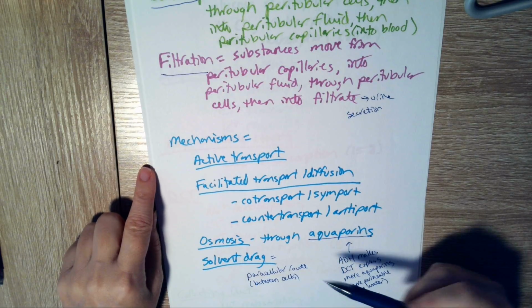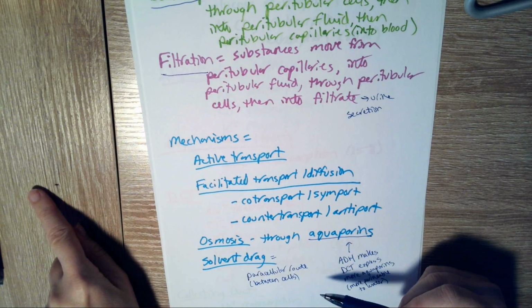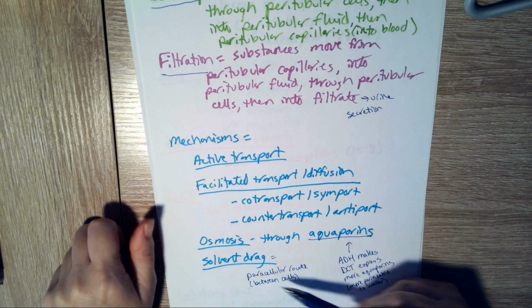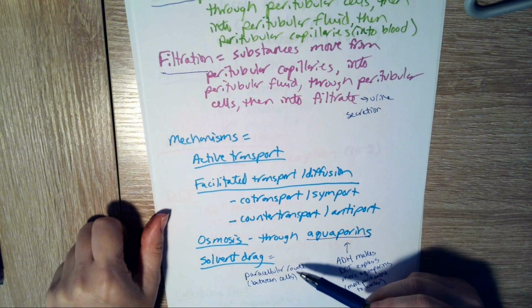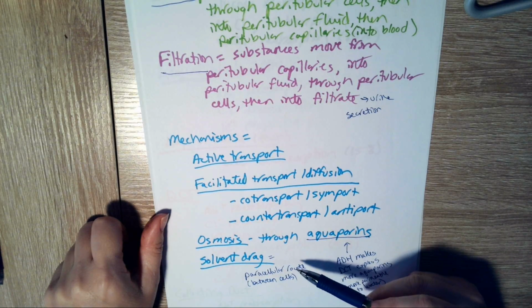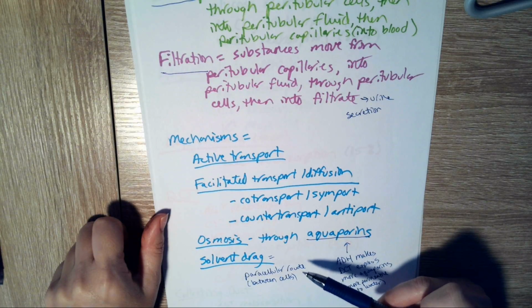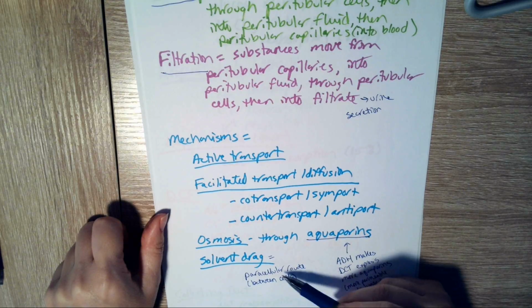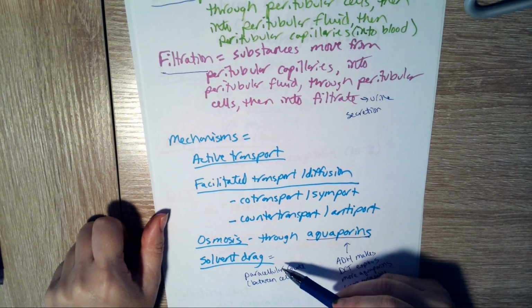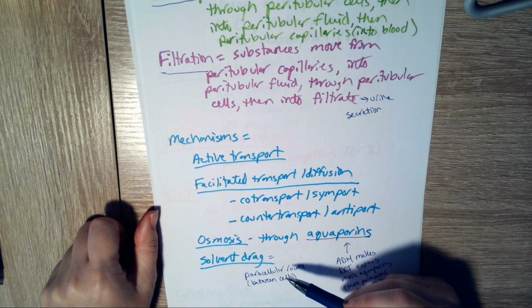Say hi to the little ant there. So some very small solutes are able to just kind of go with the water between the cells. Magnesium does this to a small extent, phosphate to another extent. So this is not a major way that we'd be reabsorbing substances, but it does exist.